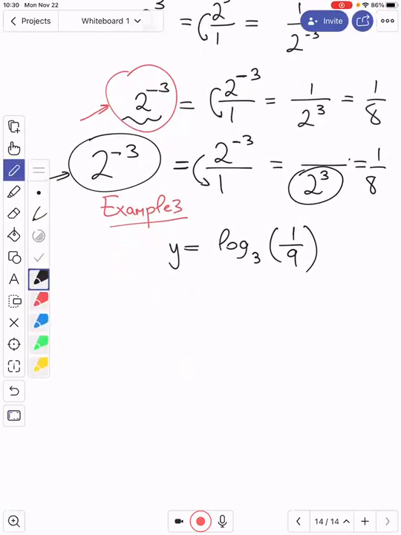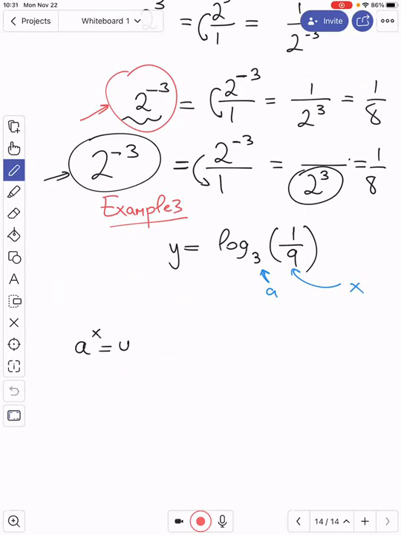So again, this is your base a, this is your x, and this is equivalent to your base a to the y equal to x.